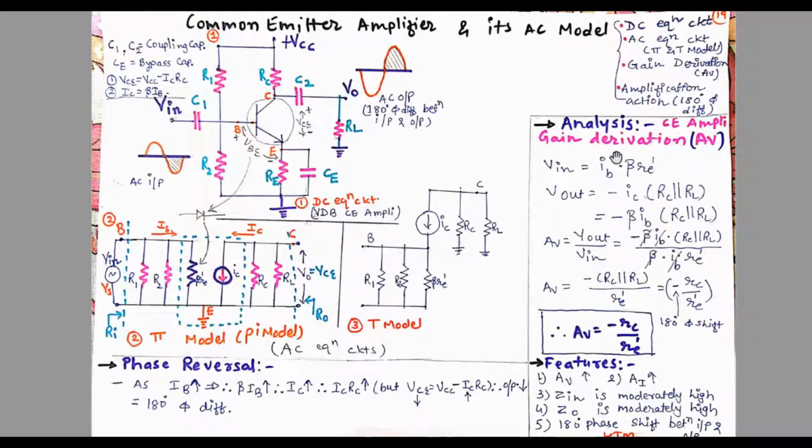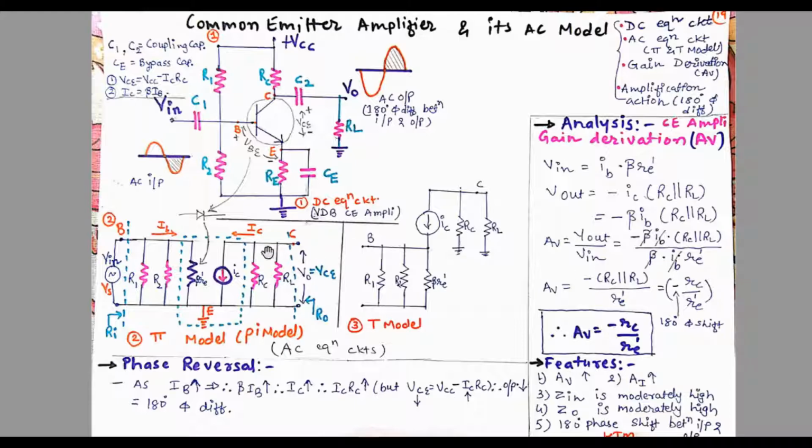I have rearranged this equation here, and this is the ratio of V out upon V input. Now let's cancel out the similar terms. Beta will be cancelled out, IB will be cancelled out, and you will have the answer: minus RC parallel RL upon Re dash.